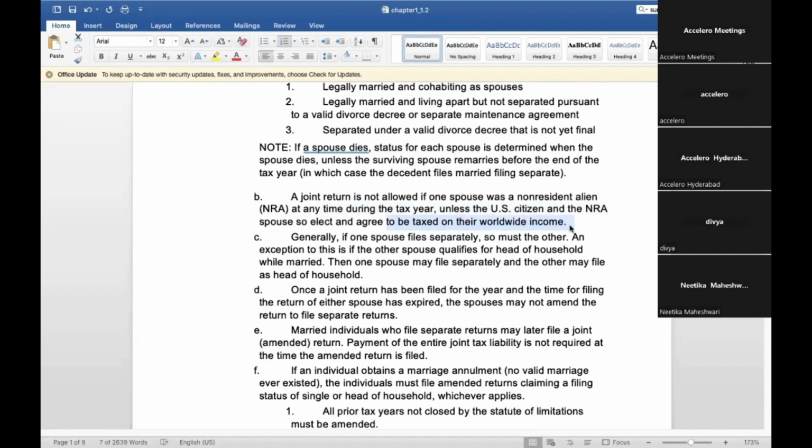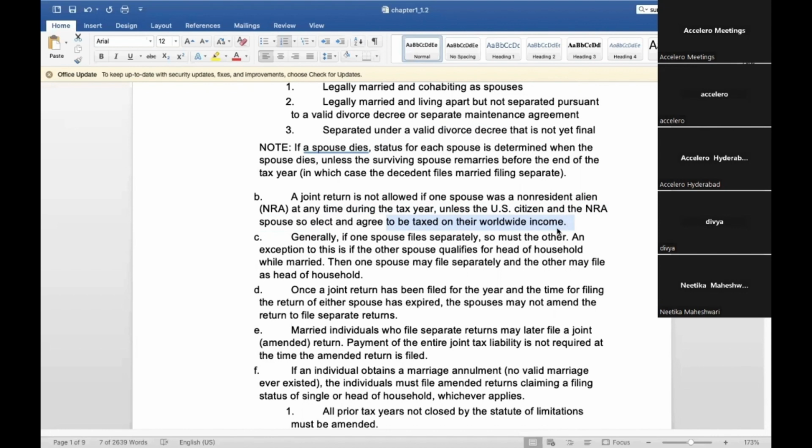Even if, let's say, the husband is in the US and the wife is in India, and the wife is not a resident of the US, with no green card, citizenship or visa, and is not staying there, they can still do married filing jointly if they want, but in that case the wife has to report total income from India or any other country that she has on the US tax return. As long as they agree to do that, they can still go with married filing jointly.